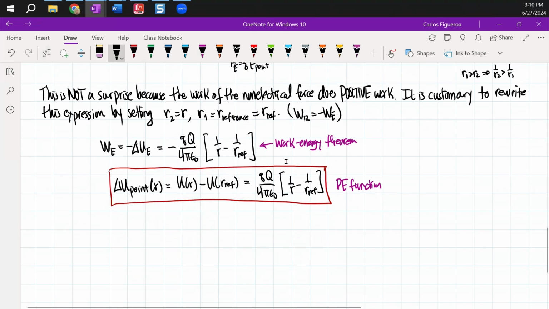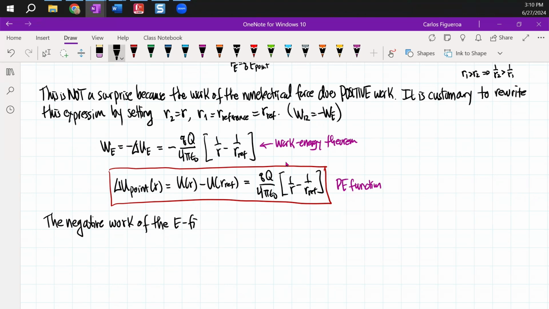So what I'm seeing here is that the negative work of the electric field, in other words, if we rewrite this, that's what I mean by the negative work causes an increase in potential energy.